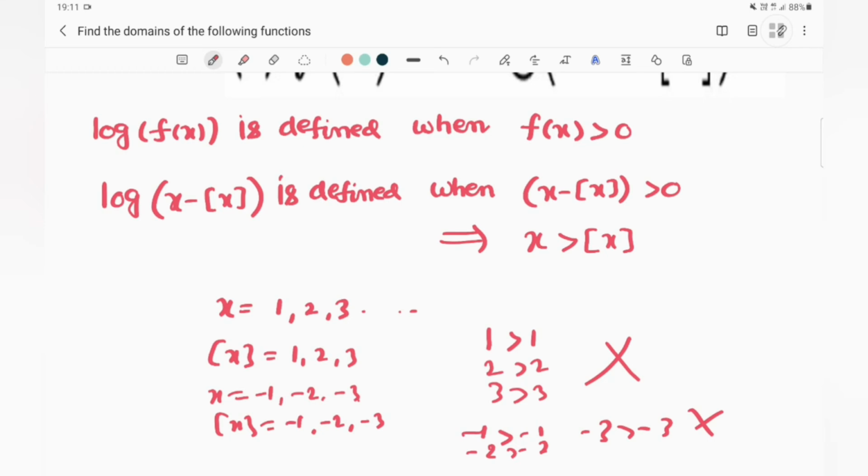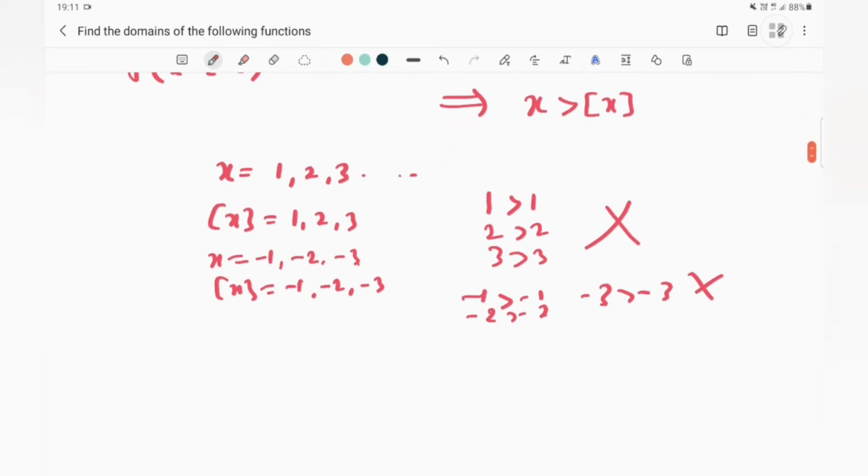I hope everyone understands, dear students. So it shows that x is not an integer. X is non-integer or not an integer. Non-integer, it is enough. X is non-integer.